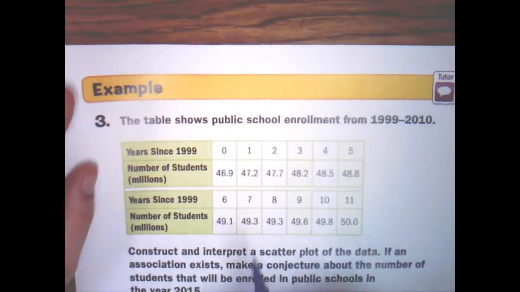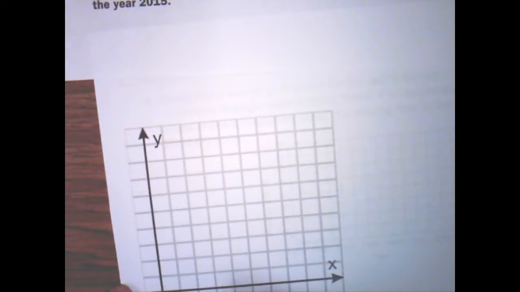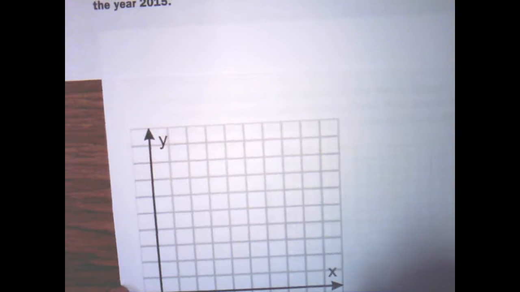So if we look at our data, we have years since 1999, 0 through 11. So I'm going to put that on my x-axis, and I have 1, 2, 3, 4, 5, 6, 7, 8, 9, 10, and I can just make one more out here, and we'll call it 11, so we'll go by ones.